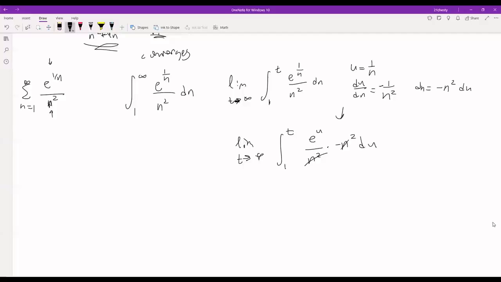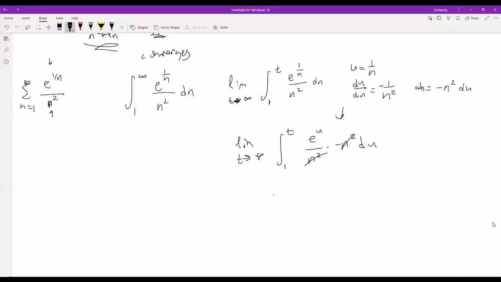And so this cancels with that. We'll take the negative outside of the integral, and then we're left with e to the u, which is e to the u when we anti-differentiate it.